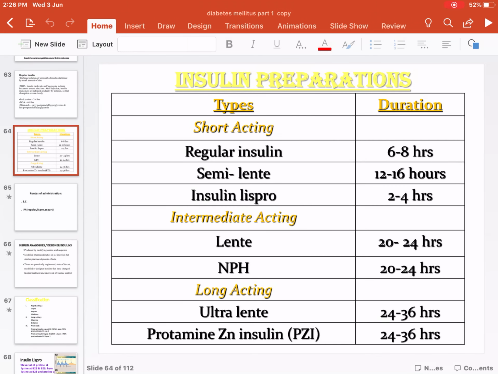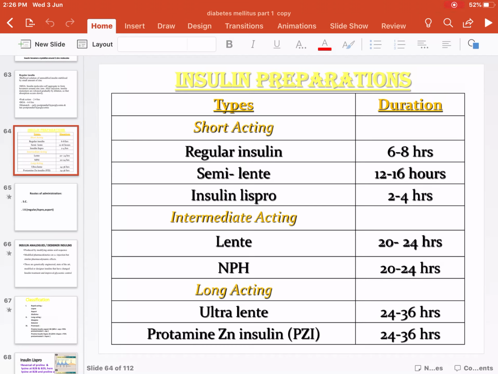What are the other preparations of human insulin we have got? We have regular insulin, which we learnt about just now. We have semi-lente, lente, NPH, ultra-lente and protamine. To make insulin longer acting than 6 hours, we can add certain molecules to it.